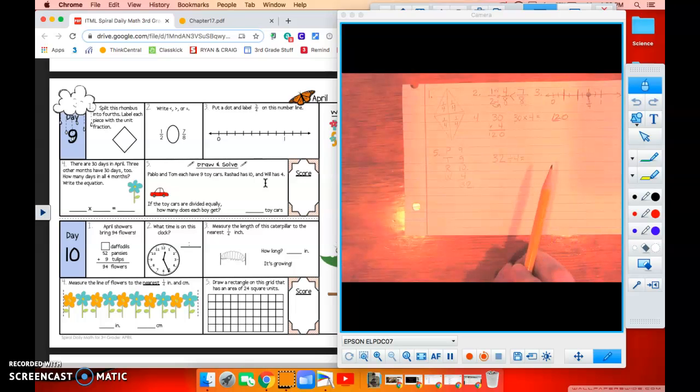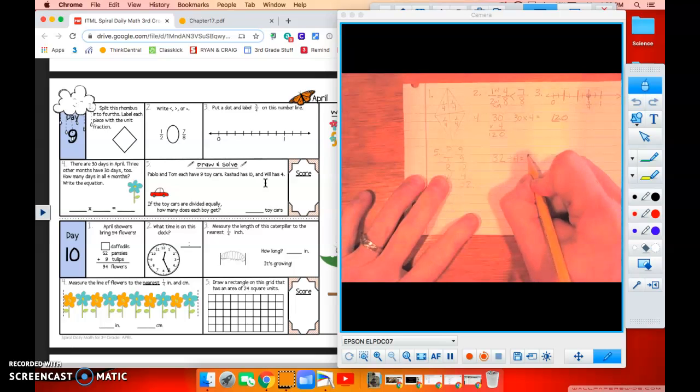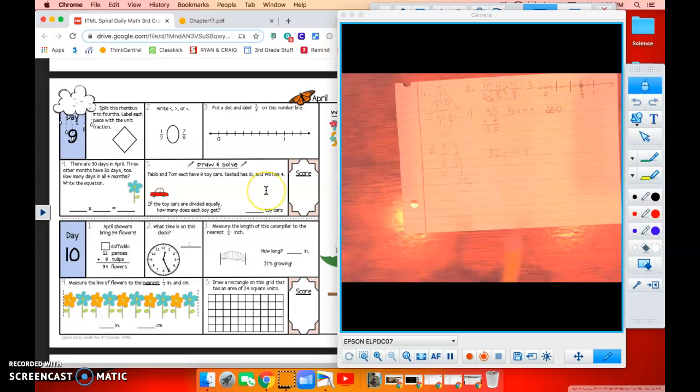Let's see. 6 times 4 is 24. Nope, that's too low. 7 times 4 is 28. So that's not it. Let's see. 8 times 4. Hey, it is. 8 times 4 is 32. So how many toy cars? We have 8 toy cars.